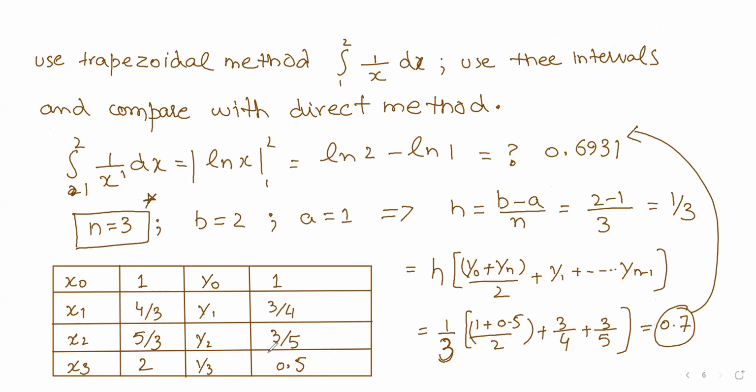Of course, if the number of intervals is 3, there will be 4 values, right? So the interval is the important thing. You should make it clear.